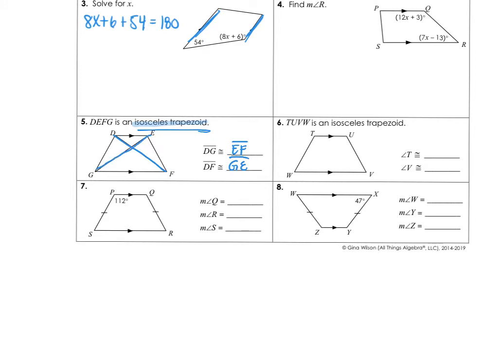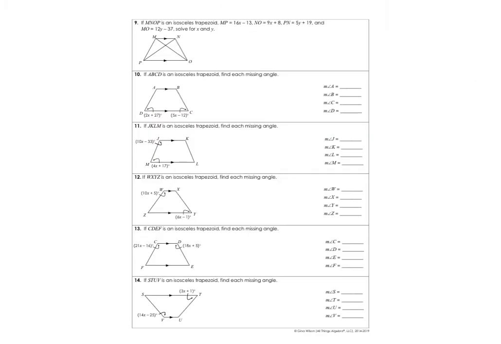Okay, and in number 7, we know that angle P is 112, which means angle Q is also 112 because base angles are congruent. And opposite angles are supplementary. Therefore, angle R and angle S are both 68 degrees. So you can try 6 and 8. You should be able to easily navigate through those.